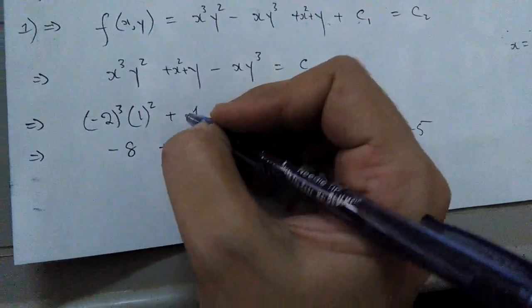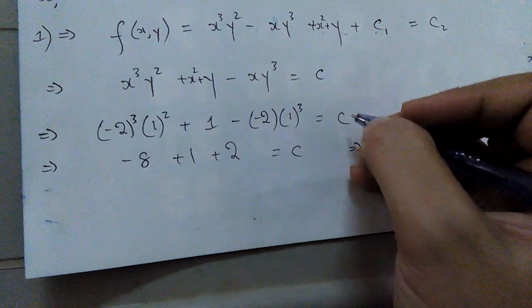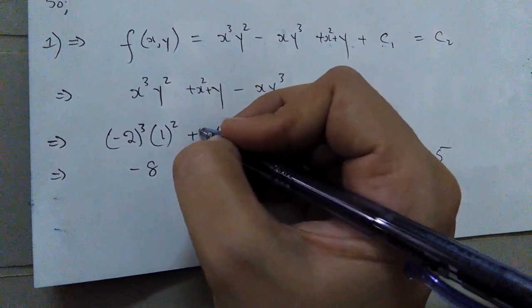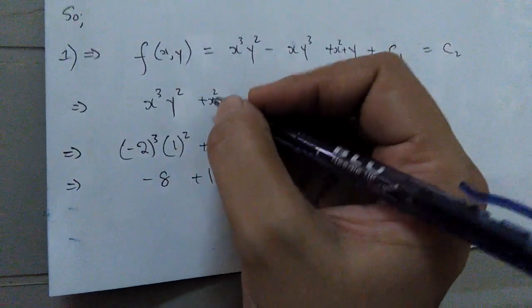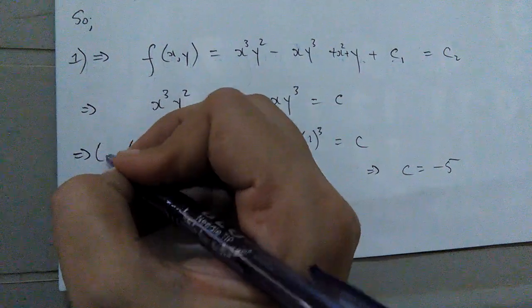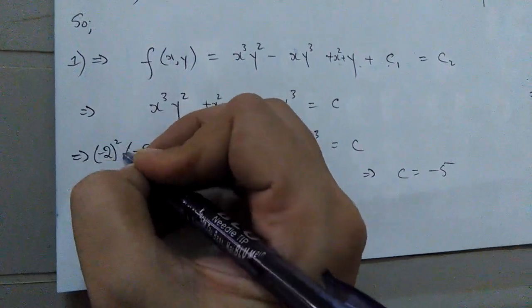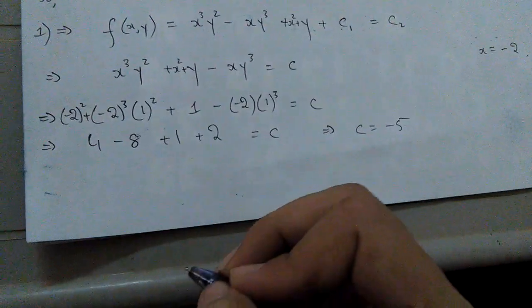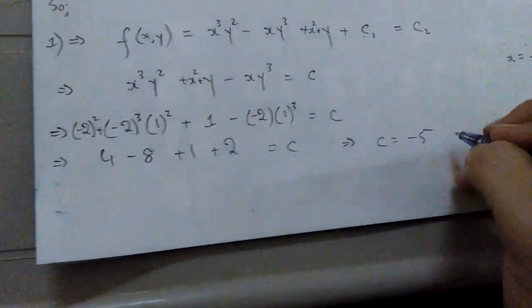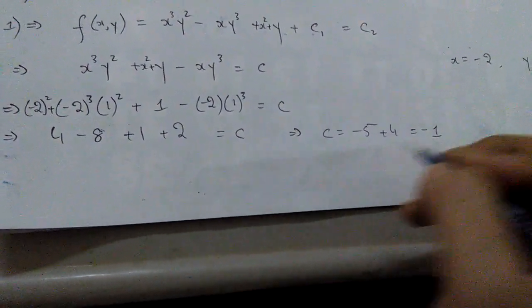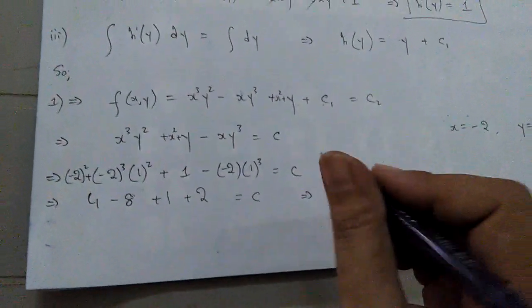Now we are going to put our values here. So how about if I just write my 2x squared in the beginning? Now it's fine. So it's 4. Minus 5 plus 4 gives me minus 1. The value of c is therefore minus 1.